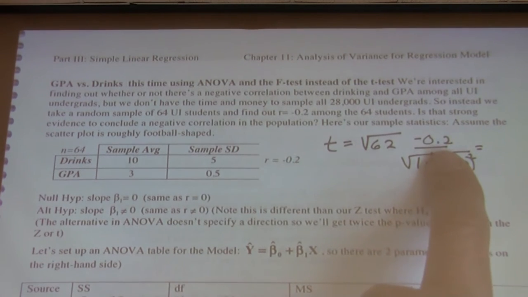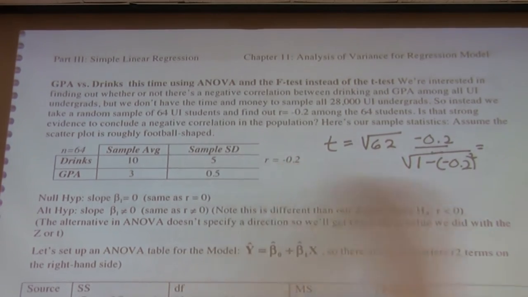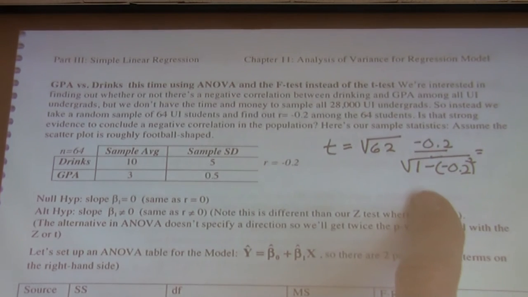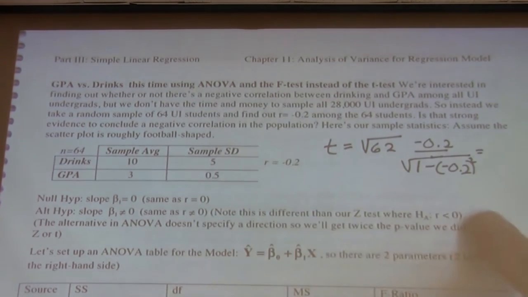When you have multiple x's, how can you even think about a correlation coefficient? We'll have to talk about that later. And you have multiple slopes and so forth. We're going to have to do something different. We're going to have to move into looking at the whole collection of slopes if we're testing the null that all the slopes are 0. But for now, let's just look at this.